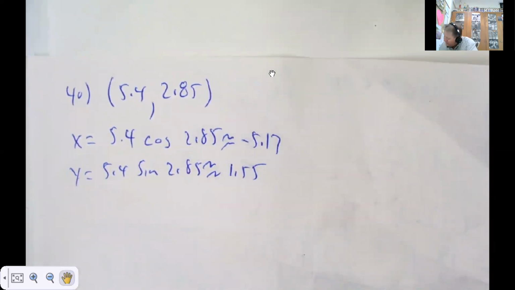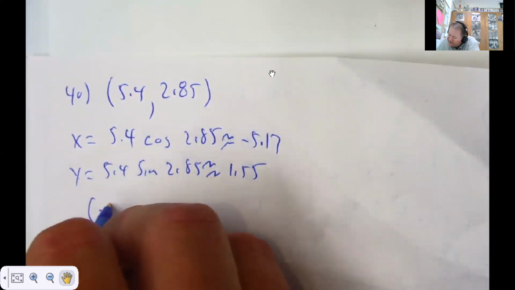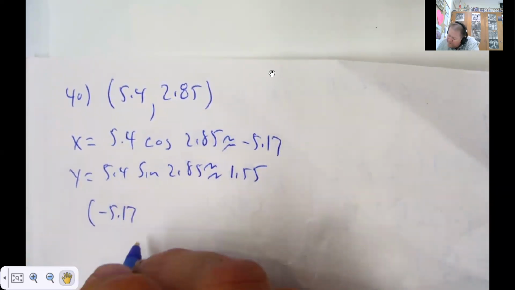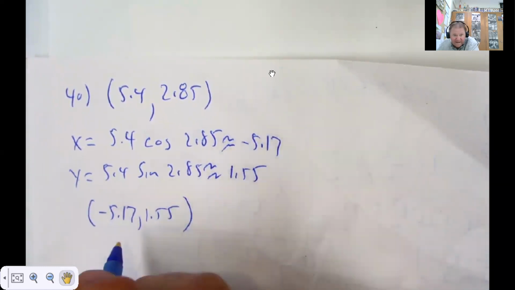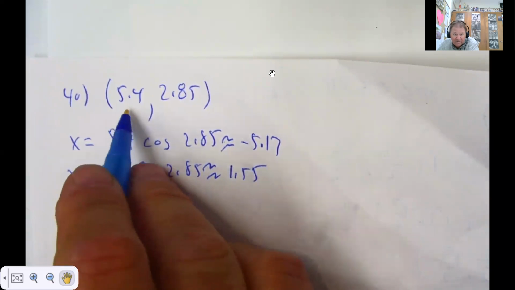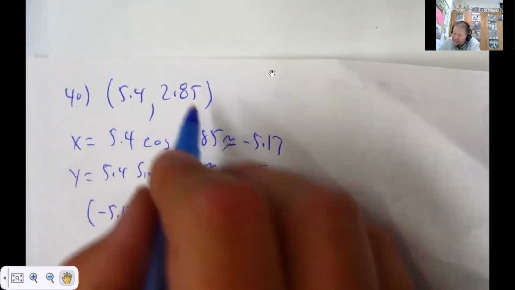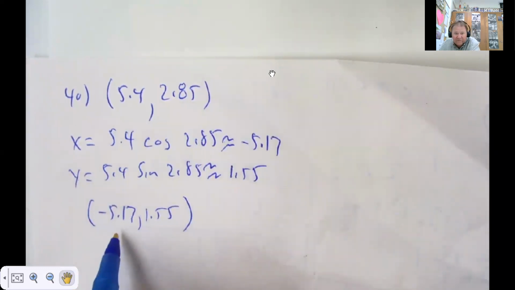I'm going to do the x one again, something didn't feel right. Yeah, that's right. So the ordered pair is negative 5.17, comma 1.55. That's x, y now. I changed from r, theta, again, that's in radians though, to x, y.